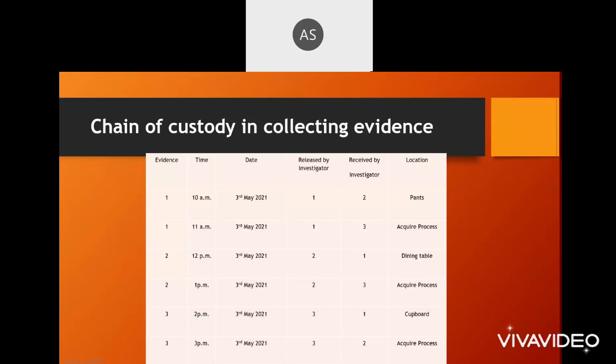The third evidence is collected at 2 p.m., which has been released by the third investigator. The first investigator has received it, which is in the location of cupboard, and the second investigator has used it to acquire.